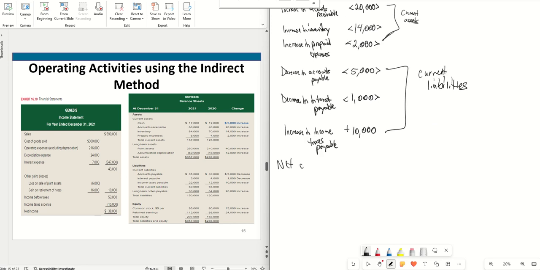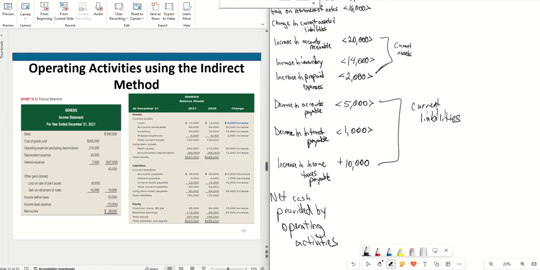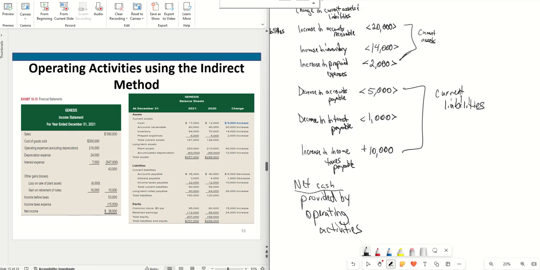To figure out what the net cash provided, hopefully it's provided, hopefully it's a positive amount. If it's not a positive amount, it will be net cash used by operating activities. So I'm going to say provided here. When you do the math to get to the net cash provided by operating activities, because that's the goal, we're trying to get to the net cash amount.